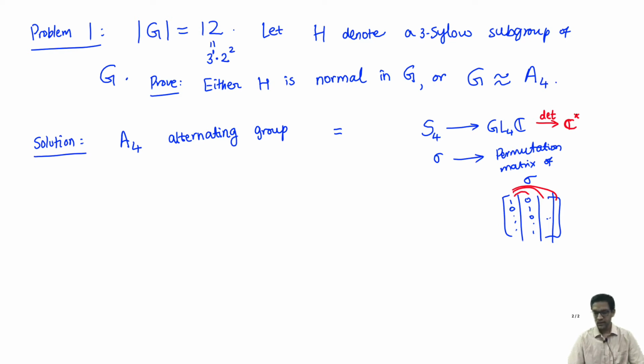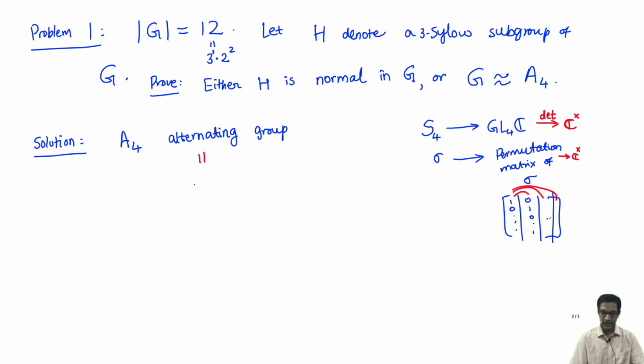And if you take the composition of these two maps, to each sigma you associate the determinant of its permutation matrix, and so you get a homomorphism and the kernel of that entire homomorphism. So how did we define the alternating group?